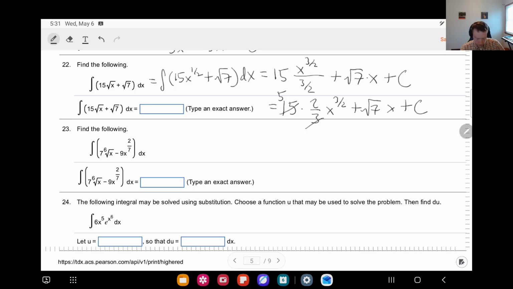Yes, that's a 5. So we get 5 times 2, 10. So 10 times x to the 3/2 plus square root of 7 times x plus c. And we'll just leave it in that form. That's good.